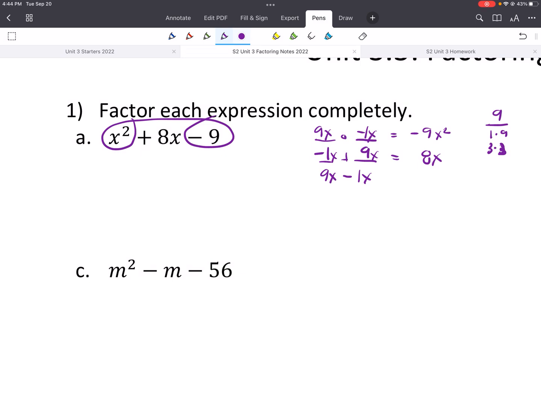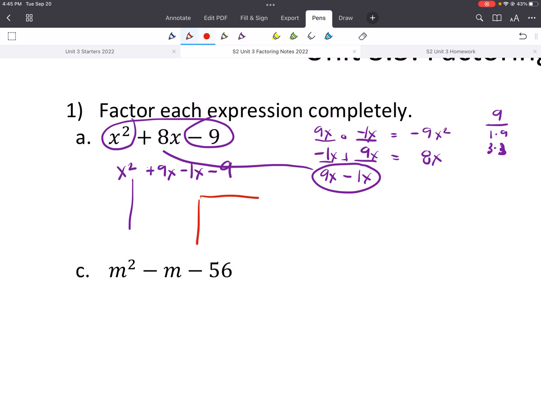Then we could use our box, because now we know all the stuff that we need. We plug that in for the middle term. So we get x squared plus 9x minus 1x minus 9. Again, that's the same as 8x, so we didn't change anything. We just broke it in two parts. And then we could use our box.